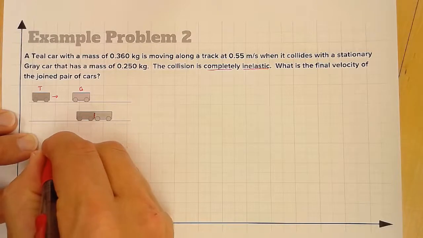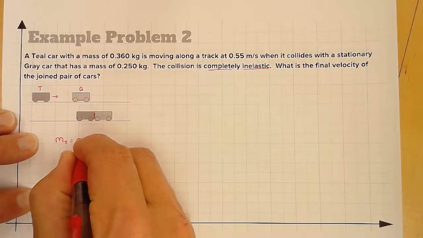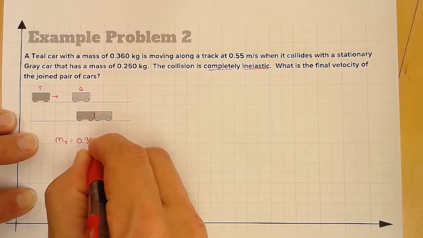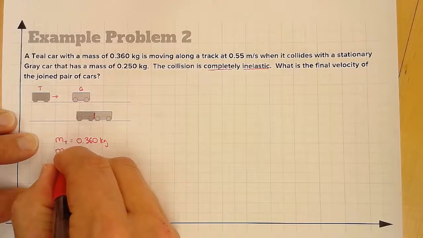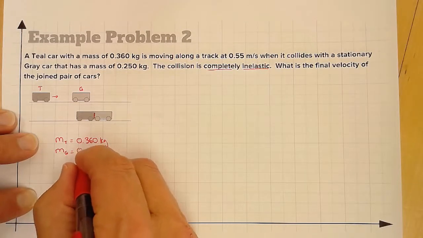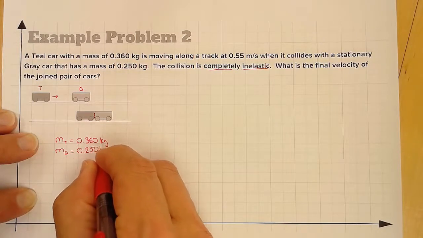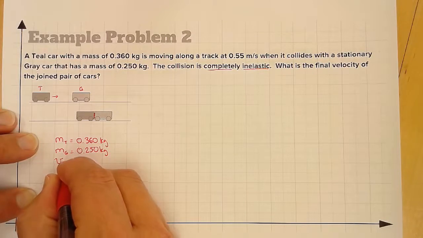We are going to have the mass of the teal car, which we happen to know is 0.360 kilograms. We get that from the problem. The gray car is going to have a mass, and it's a little less, 0.25 kilograms. We have the velocity of the teal car initial.